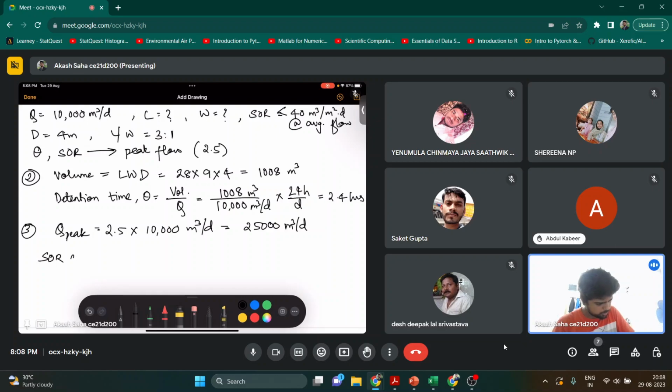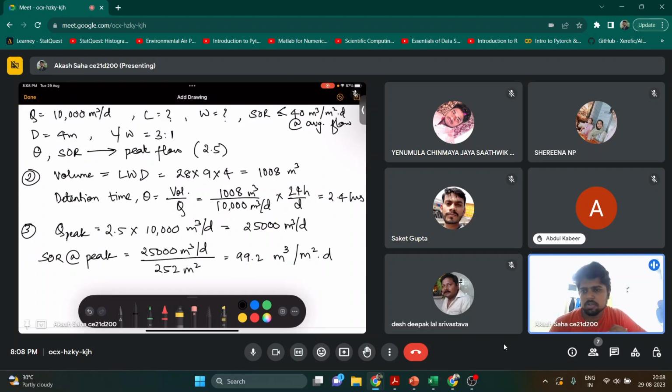So my surface overflow rate at peak will be equal to 25,000 meter cube per day divided by 252 meter square, which is equal to 99.2 meter cube per day. Simple. So we have found out the surface overflow rate at peak.